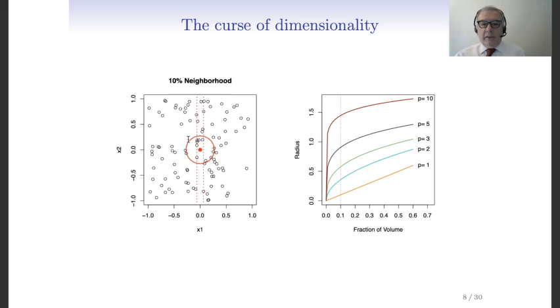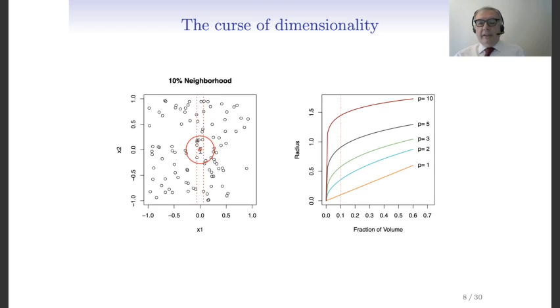This produces a boundary for the neighborhood which is circular. Again, I take a neighborhood in such a way that inside it I have 10% of the data, and I can see that in some way it is less local than the one-dimensional one. As you see, this has become quite a large neighborhood.